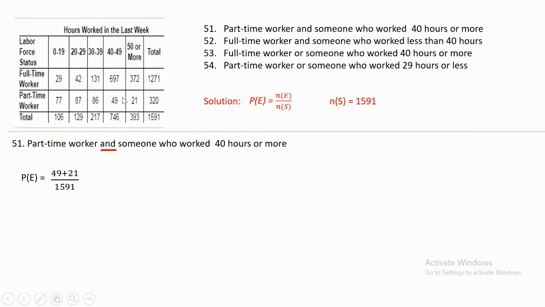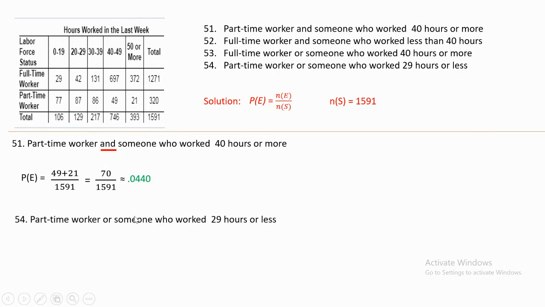And that's where the N comes in. What they have in common would be these dots here. So it'll be part-time worker and these two here. So my answer will be 70 over 5091, approximately 0.0440.